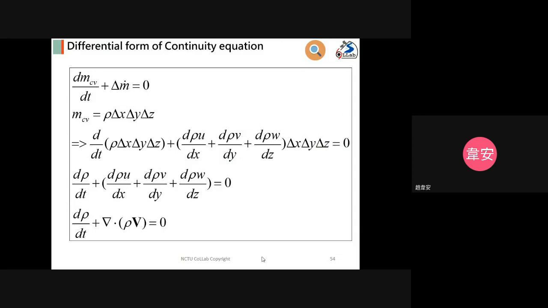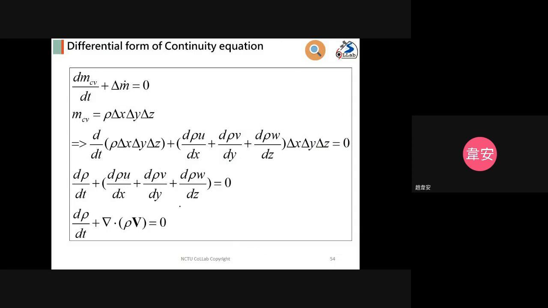As you see here, the equation shows a density change with time plus the divergence of the density multiplied by the velocity field vector. This is very important, and it is always equal to 0. This is our continuity equation.